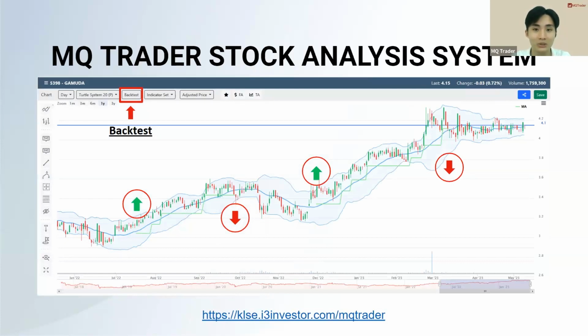Inside this, you can get buy and sell signals in just one click. You can also do a backtest analysis to test whether this buy signal has a high accuracy of success rate. For our MQ members, you can visit the link if you want to use this system for free.